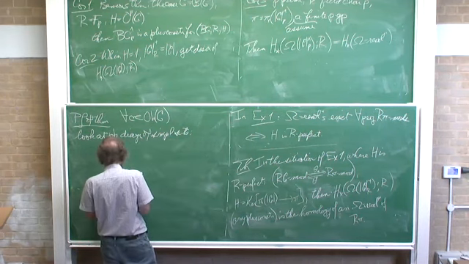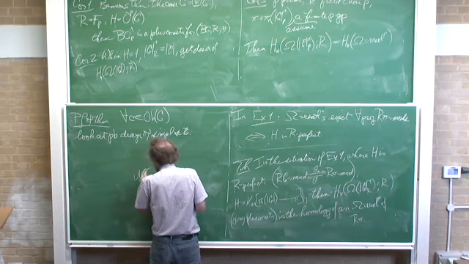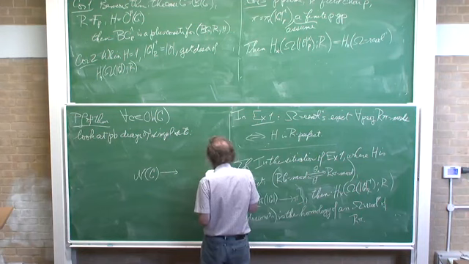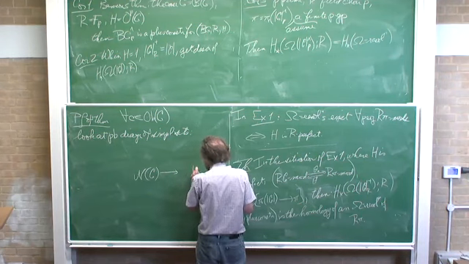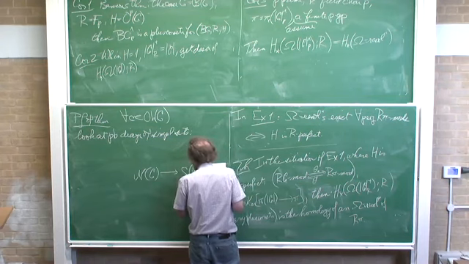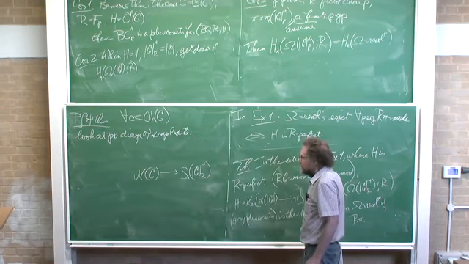We start off with the nerve of C, the simplicial set, mapped to the singular simplicial set of the plus construction as a space.